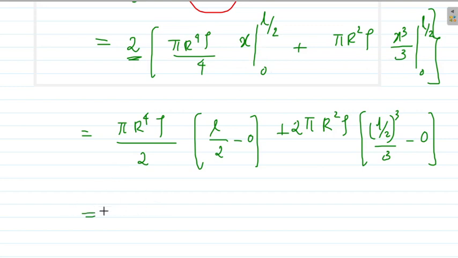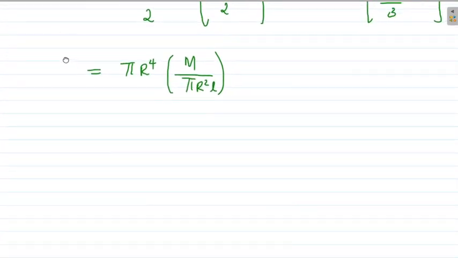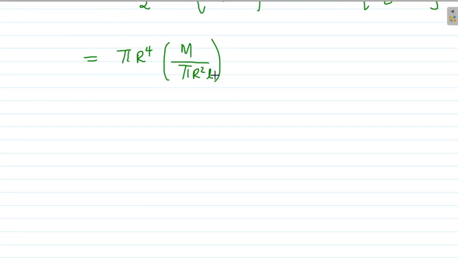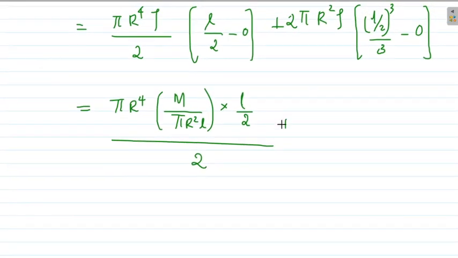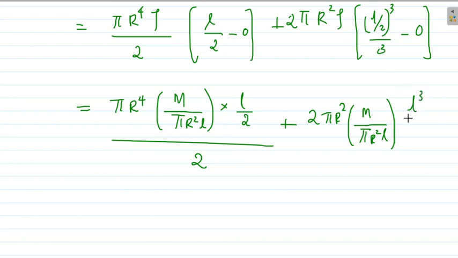Now this is equal to pi r raised to 4, and instead of rho, let me substitute m divided by pi r square L, multiplied by L by 2, whole divided by 2, plus 2 pi r square into m divided by pi r square L multiplied by L cube by 8 divided by 3, which is L cube by 24.